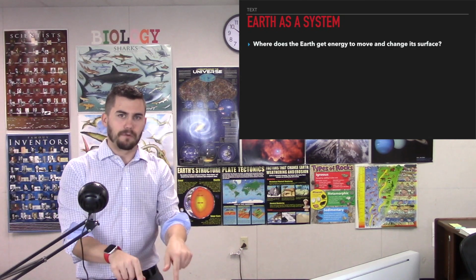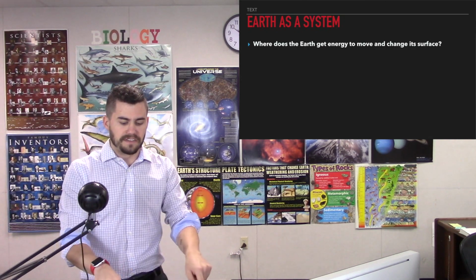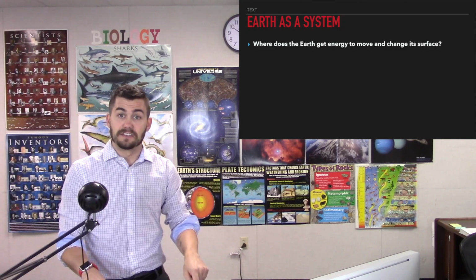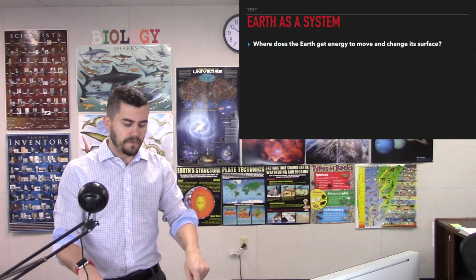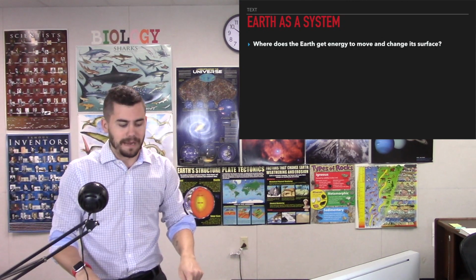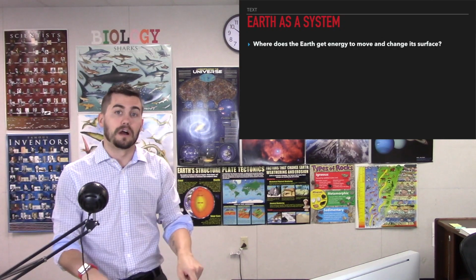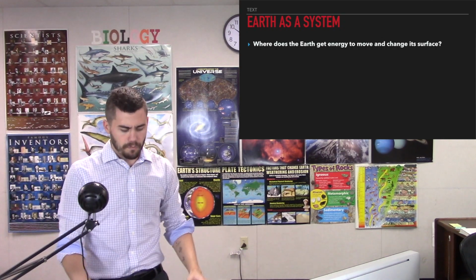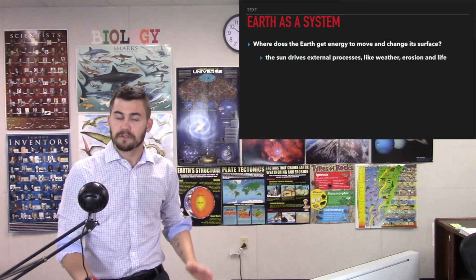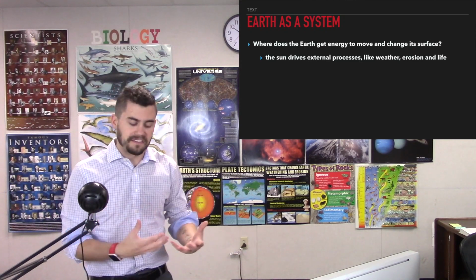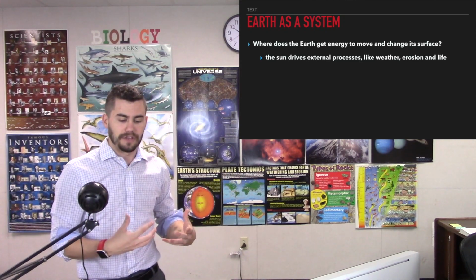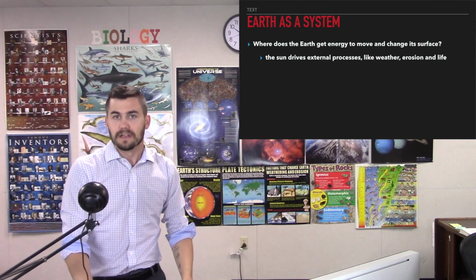So a system can't work unless there's energy. The definition of energy is the capacity to do work. And work, we can maybe rephrase that as the ability to cause change. So, what are these sources? Well, the sun is what gives the Earth open system components.